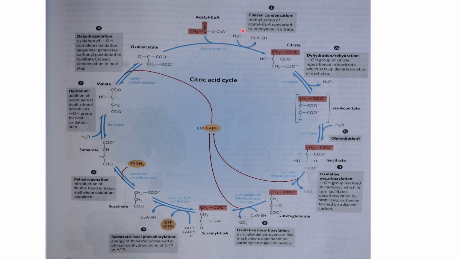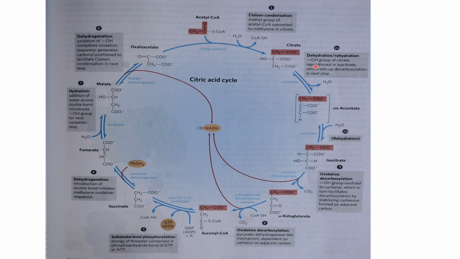This is citrate, and you get hydrolysis of this CoA right here, and this is an energy-absorbing step here, so you get the citrate molecule attached at this point, and this is stereospecific.